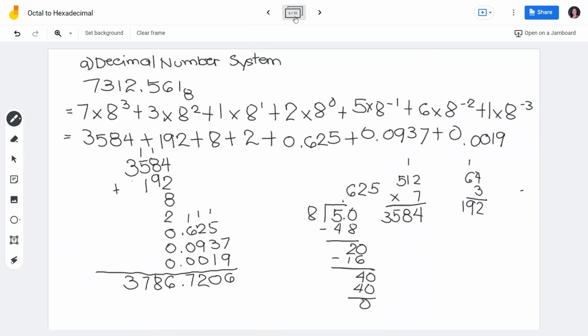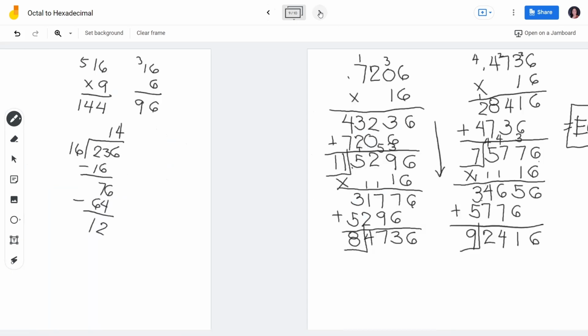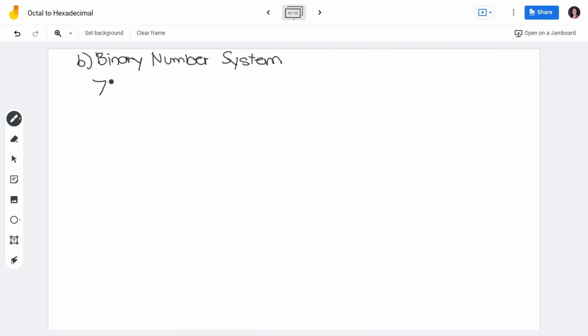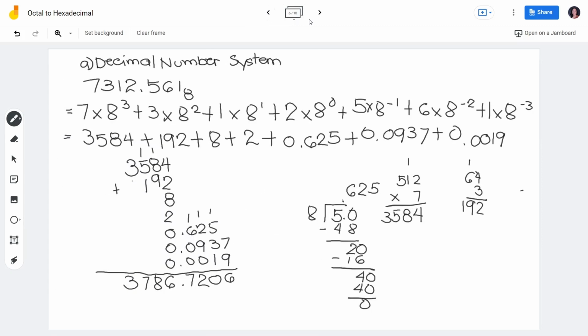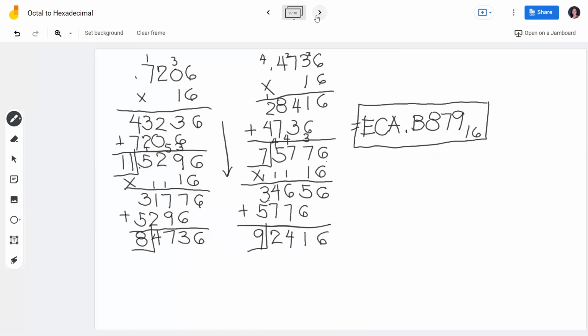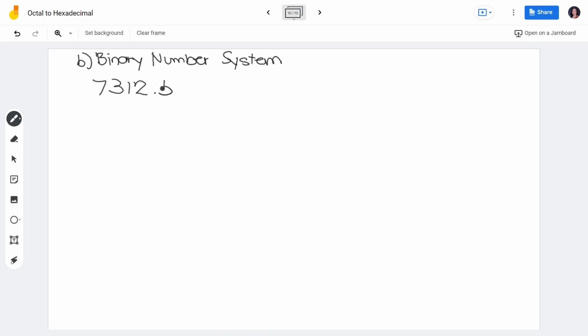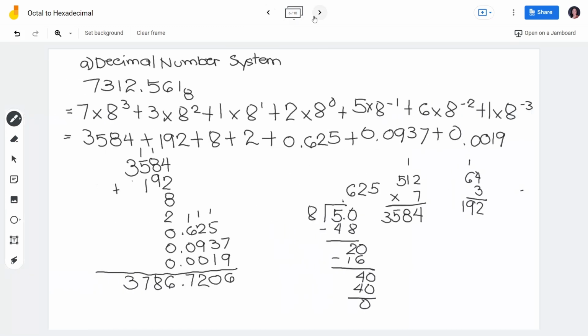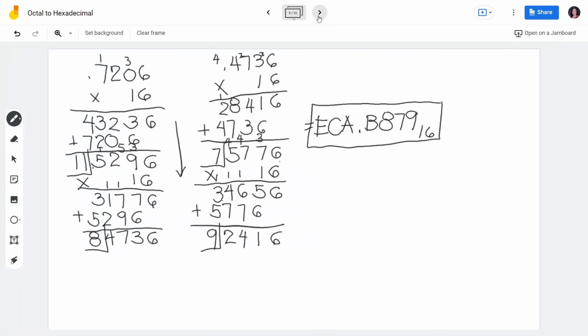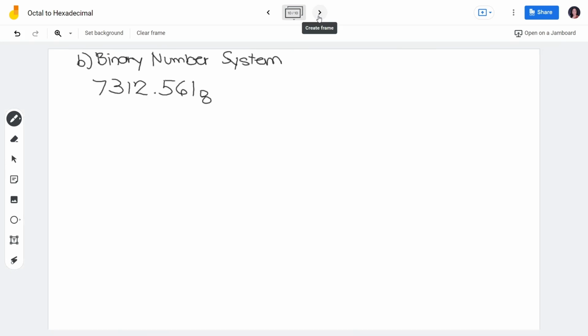So we have 7312.561, 0.561 base 8. Okay, again, let's make sure it's correct. 7312.561. Okay, for binary number system, as you can remember, you have to know the values in binary.